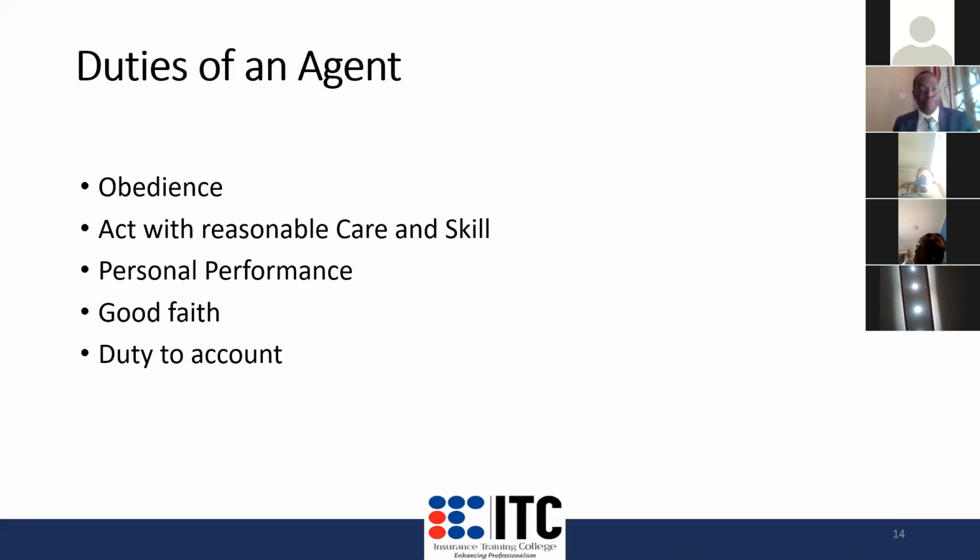So our fourth duty of an agent is good faith. Good faith has nothing to do with religion. It is simply a fiduciary relationship, which does not allow an agent to act in a way that conflicts with the principal.